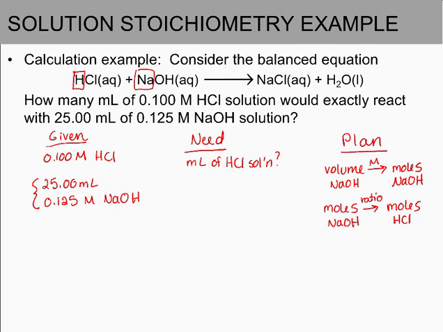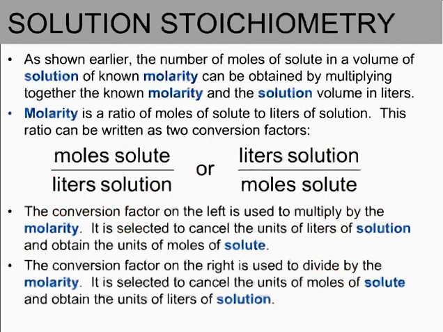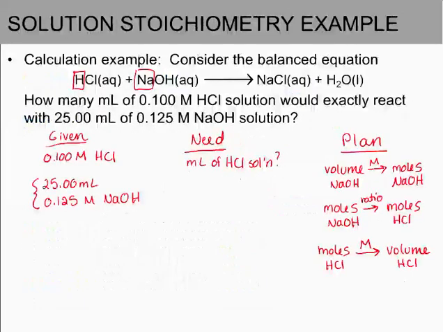All right, and then in the last step, we can take moles of HCl and divide by the molarity. And that will give us the volume of HCl solution that we need. So remember on the last slide, we said that we could also divide by molarity to end up with liters of solution. So that's what we're going to do in the last step of our plan here.